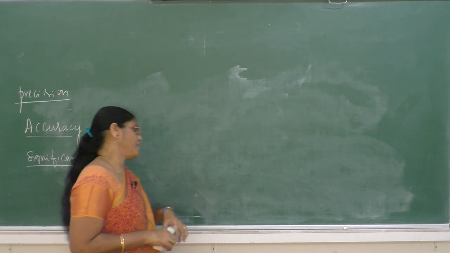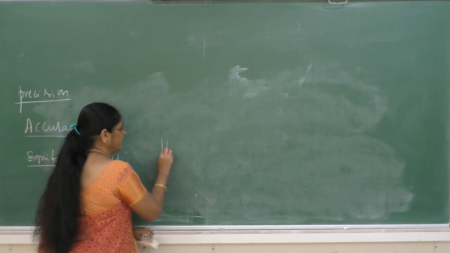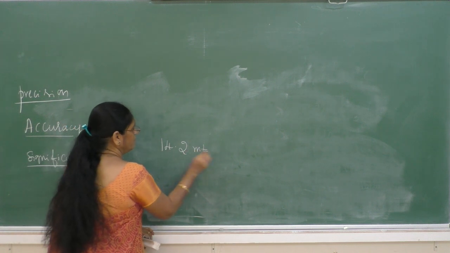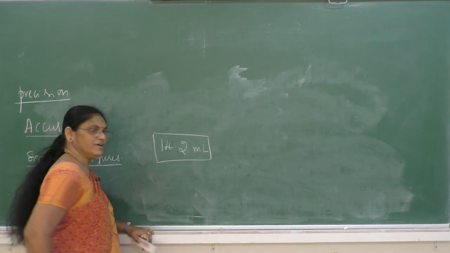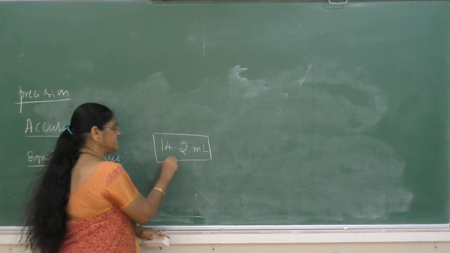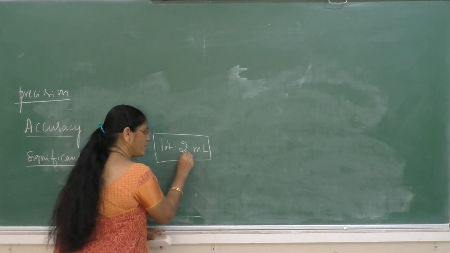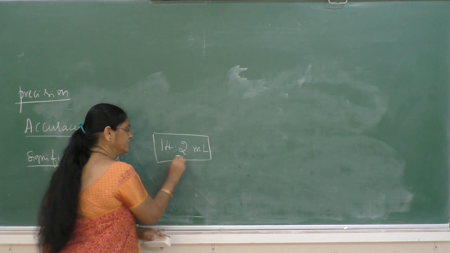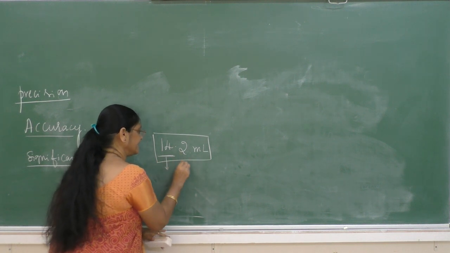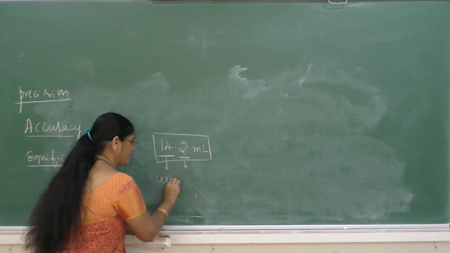So, for example, the result from an experiment is 14.2 ml. This indicates that the result is 14.2 ml. So, in this result, the 14 is certain and the 2 is uncertain.